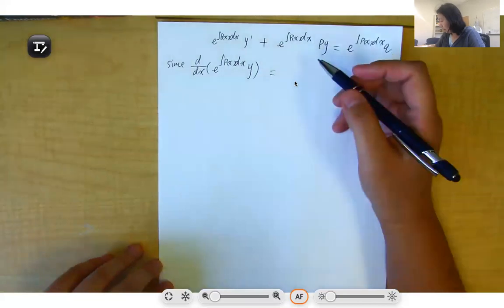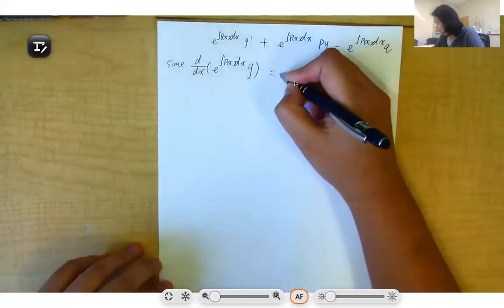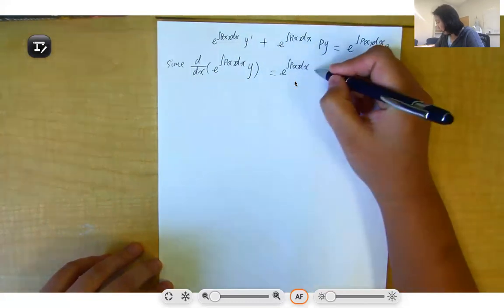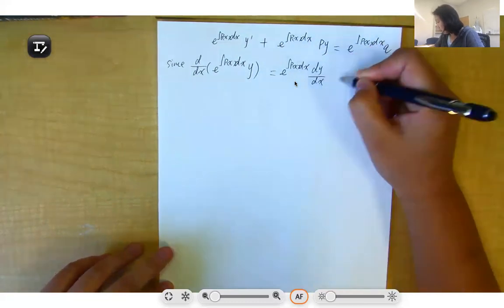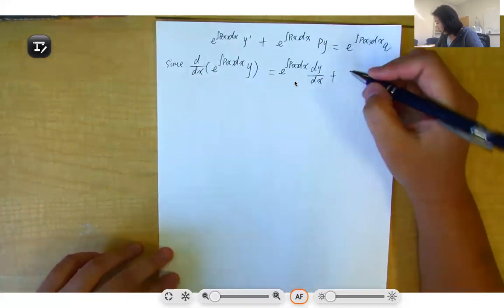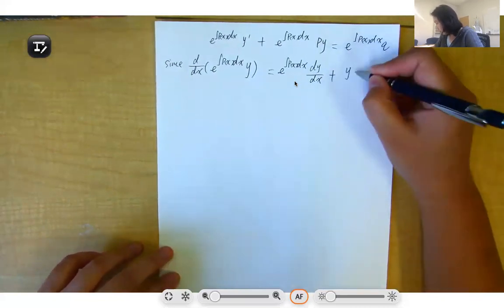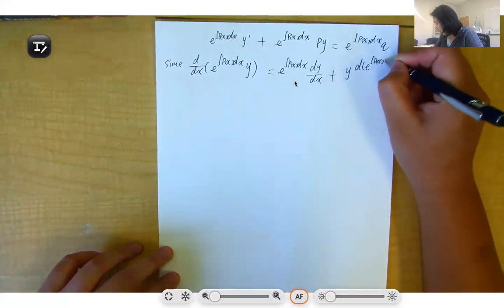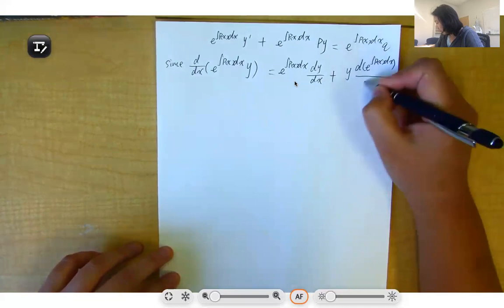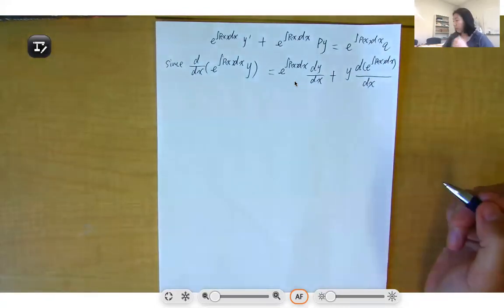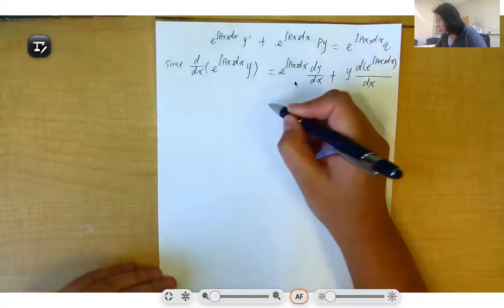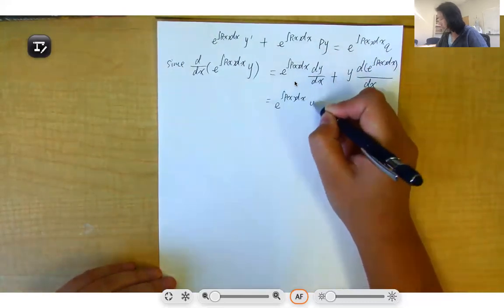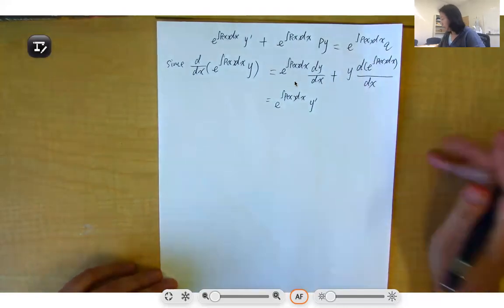So it will be e to the integral of p dx times dy over dx plus the y part times the derivative of e to the integral of p dx over dx. So that is the integral part. And this can be written as e to the power integral of p dx times y prime, since dy over dx is y prime.